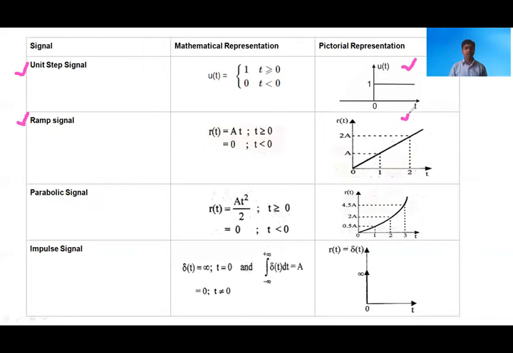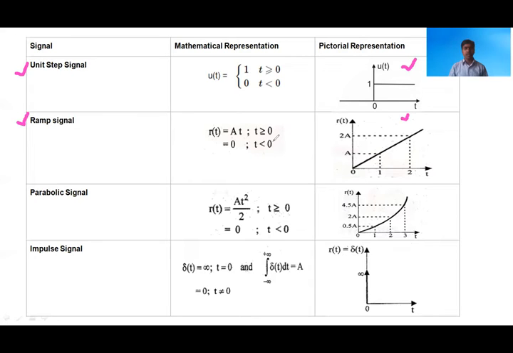Therefore the mathematical expression is A into t, where A is the slope of the line. So it is defined as r(t) = At for t greater than or equal to 0, else it is 0. That means when the sudden velocity occurs at t equal to 0, from t equal to 0 it is At. For values of t less than 0, it is 0.